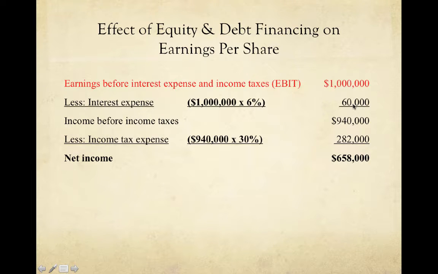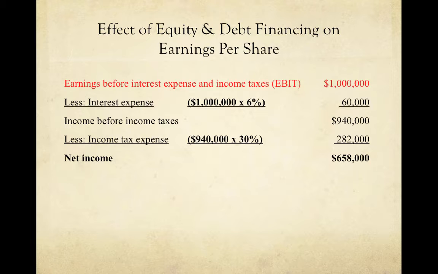You subtract that from earnings before interest expense and income taxes, and that gives you $940,000, and that's called income before income taxes. Next, you multiply your income tax rate of 30% by $940,000, and you have an income tax expense of $282,000. You subtract that from the number above, and that gives you net income of $658,000.